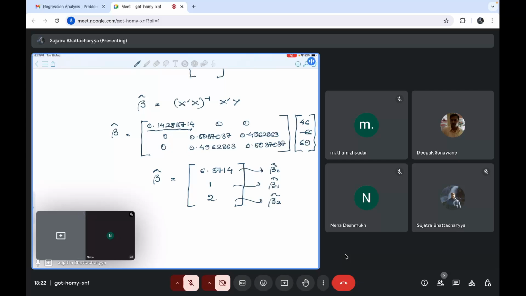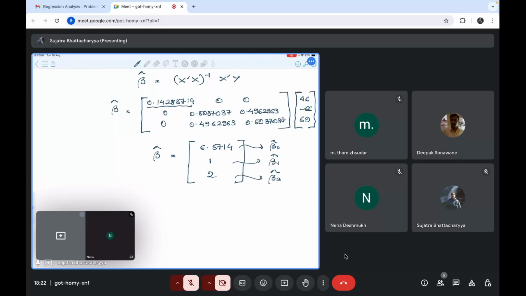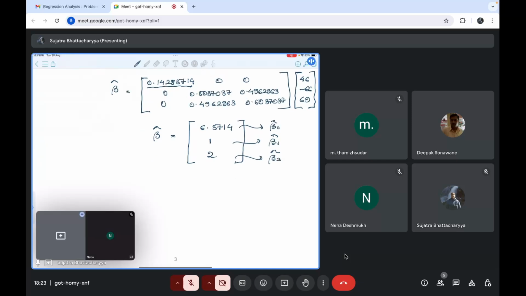So when you are calculating using a calculator, take as many decimal places as you can before the matrix multiplication, otherwise it will not equal this. If you don't have programming or computers, use calculators and take as many decimal values as you can so that you reach the actual answer. So beta hat comes out to be this.